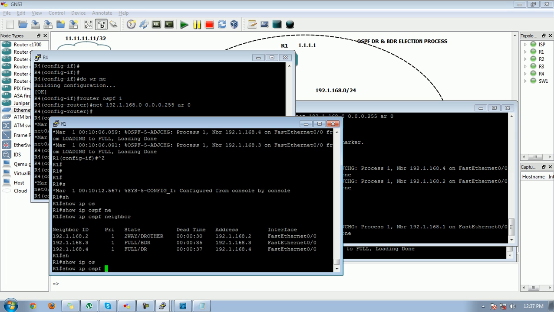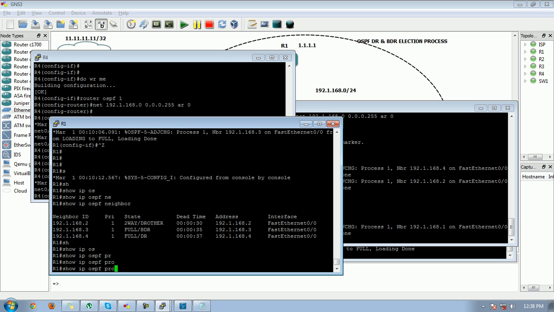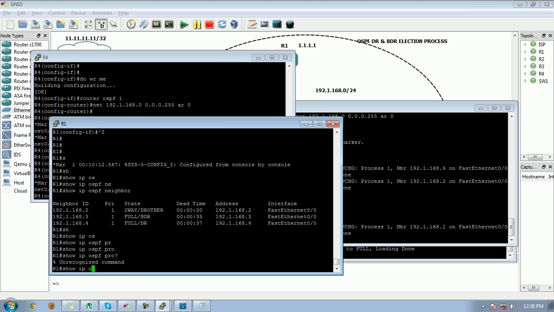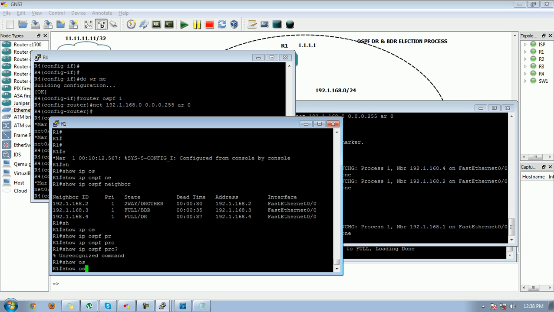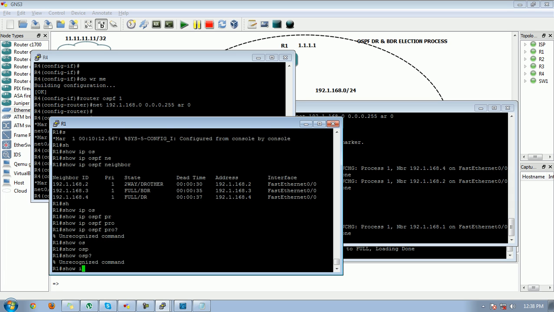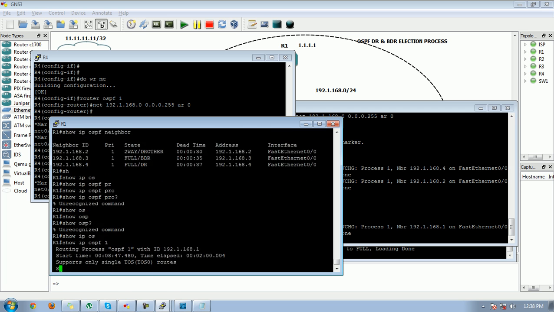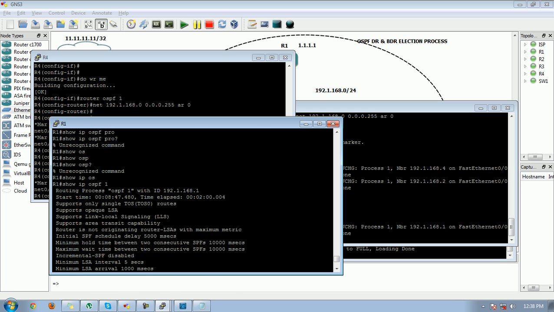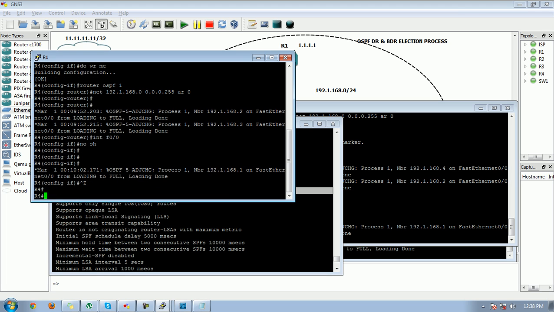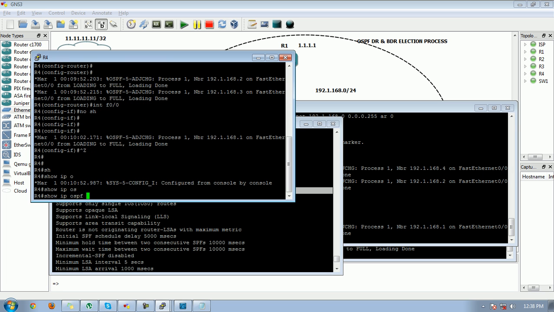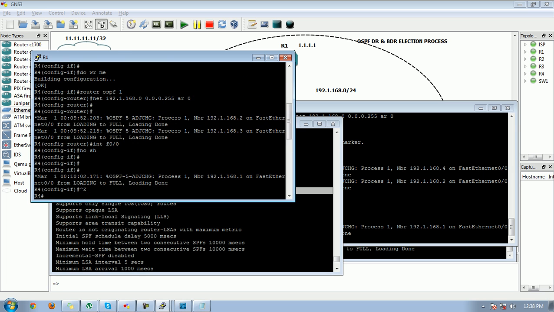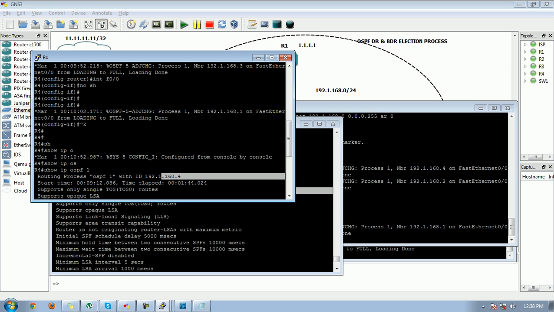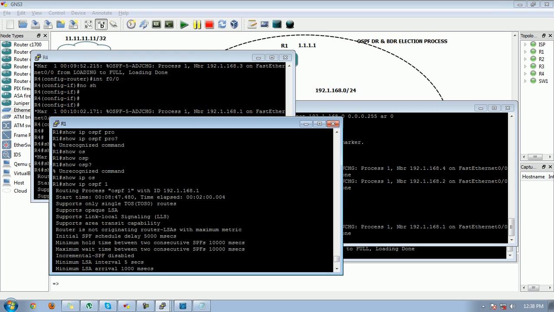Show IP OSPF process, OSPF 1. See, this is the OSPF router ID for this device. So type the same command. The router ID for this device will be 160.4, which is higher than this one. That's why he's a DR.